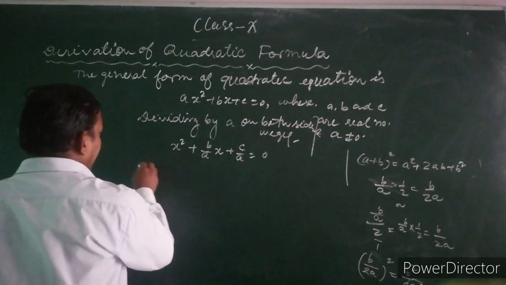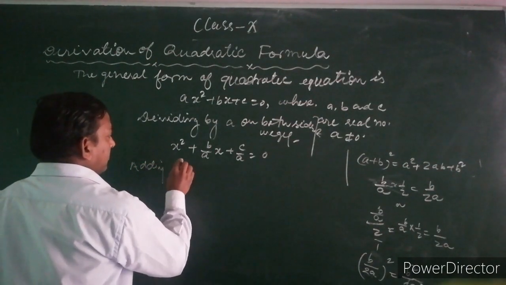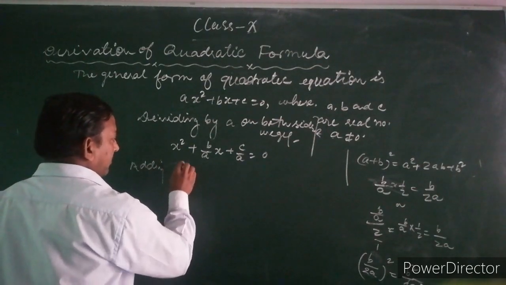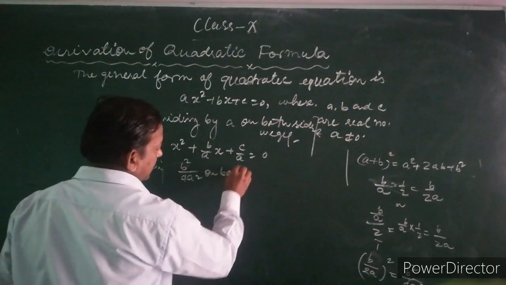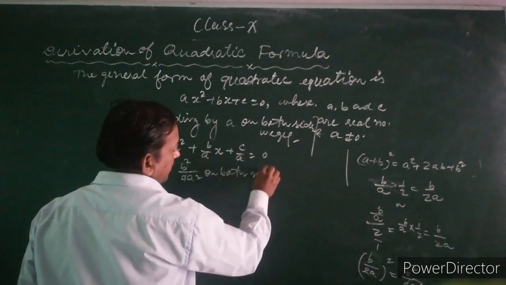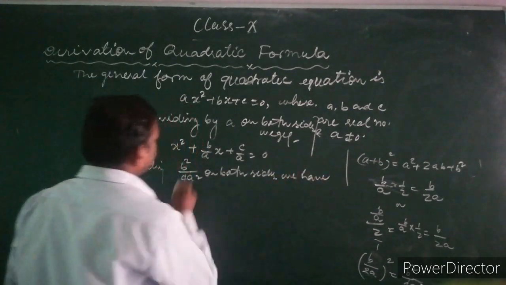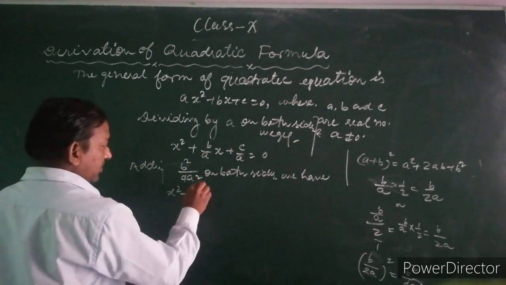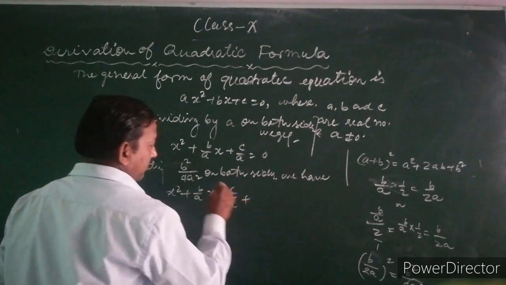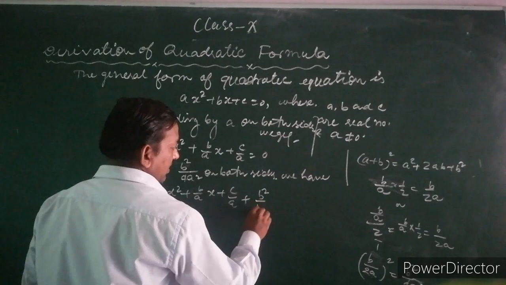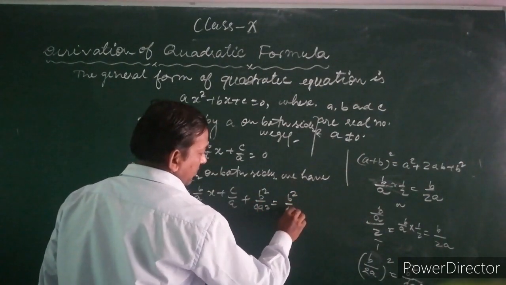Therefore, we are adding b square upon 4a square on both sides. We have x square plus b upon a into x plus c upon a plus b square upon 4a square equal to b square upon 4a square.